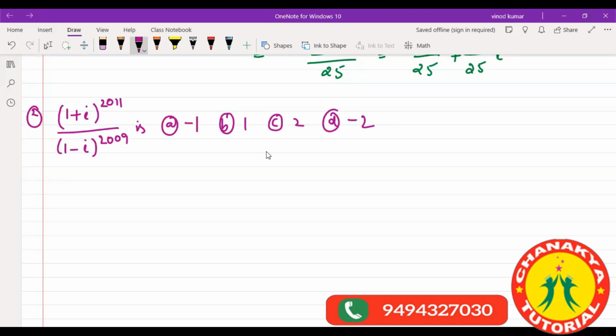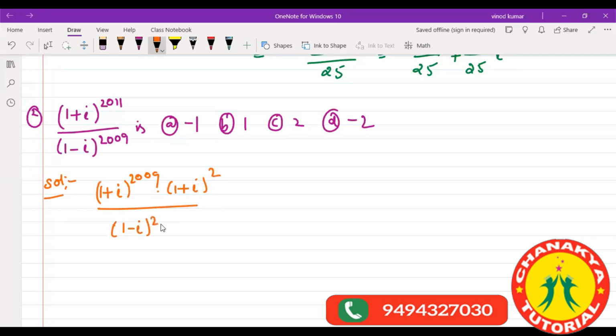So for this, I'm writing here the solution: (1 plus i) power 2009 into (1 plus i) whole square, divided by (1 minus i) to the power 2009.